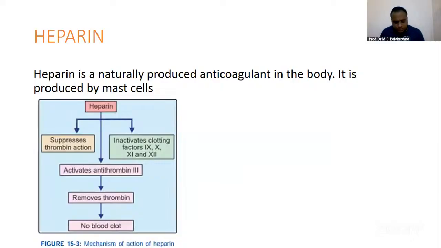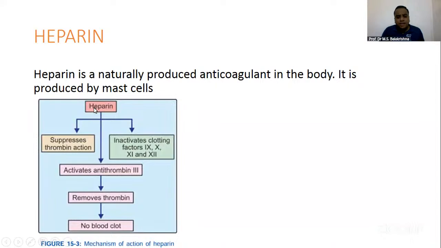Next, coming to heparin. So heparin is a naturally produced anticoagulant in the body. Our blood is always in the liquid state because of the presence of heparin. So this heparin, which is an anticoagulant, because of which the blood is in the liquid state, is produced by mast cells. Very, very important MCQ, mast cells.